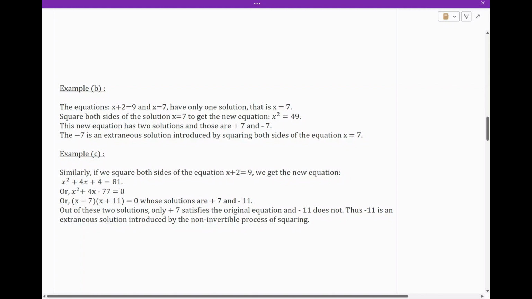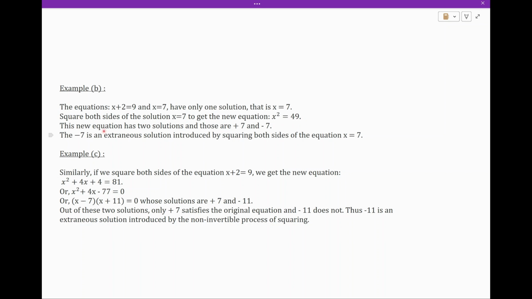Example B. The equations x plus 2 is equal to 9 and x is equal to 7 have only one solution, that is x is equal to 7. Square both sides of the solution x is equal to 7 to get the new equation x squared is equal to 49.